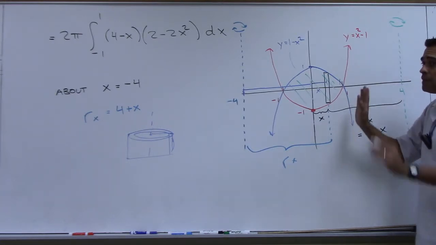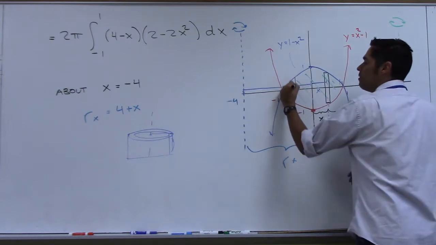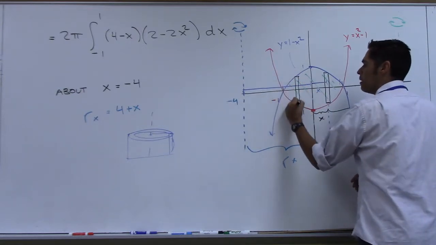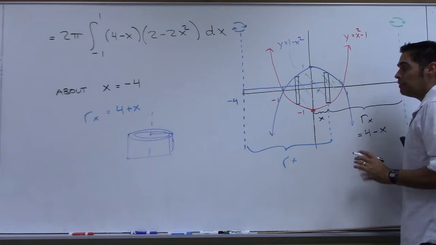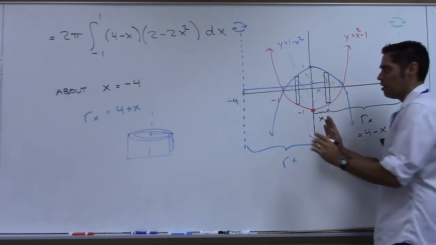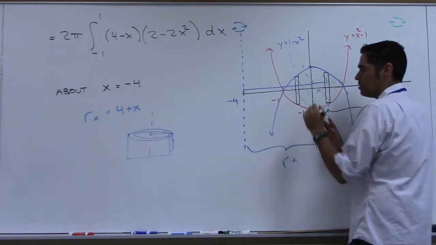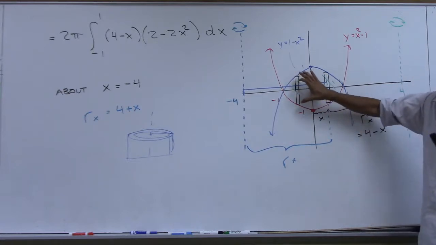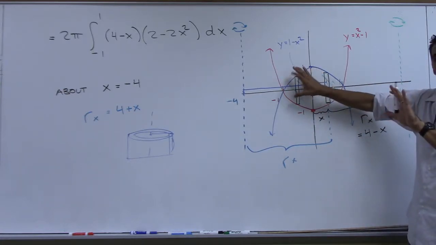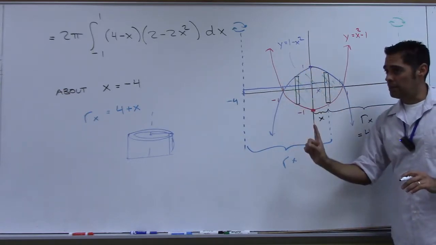So check this out. If you just happen to draw your rectangle over here, it's going to be a little bit confusing when you try and draw it, or when you try and come up with the formula, because you have to now realize that your rectangle is to the left of the origin, which means your x values are negative, aren't they?